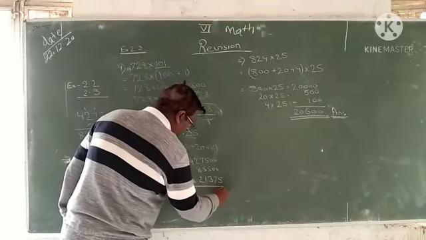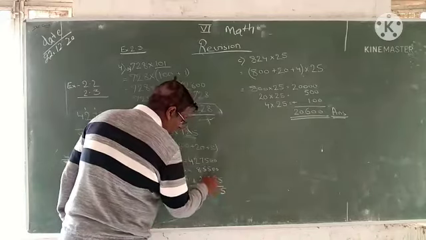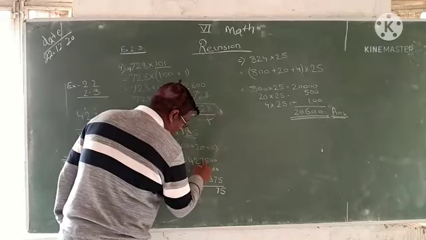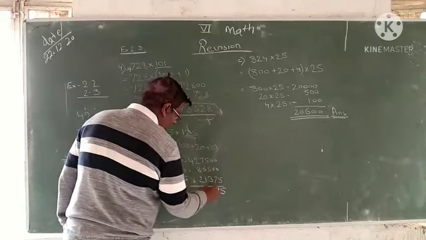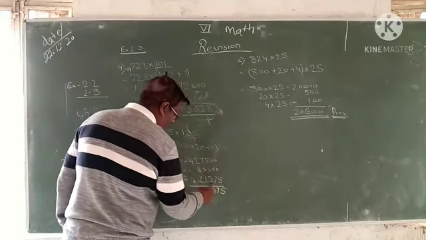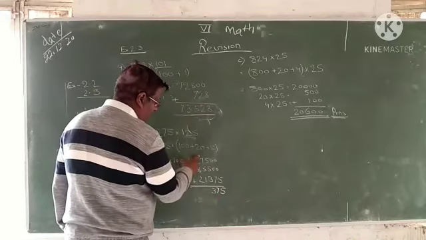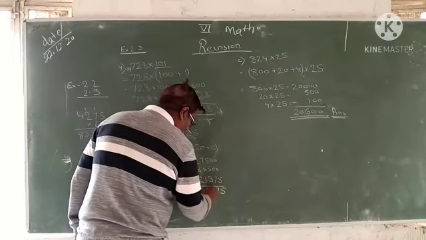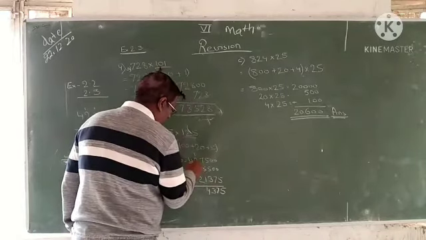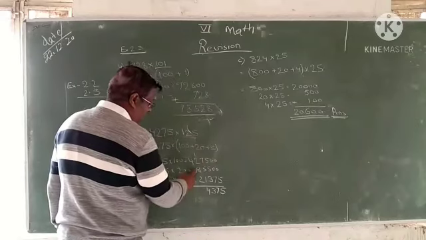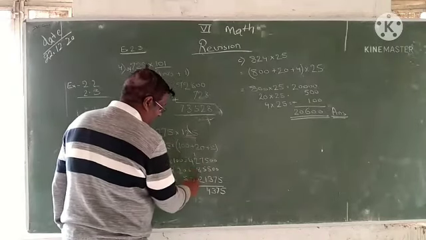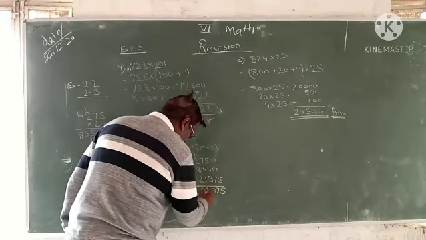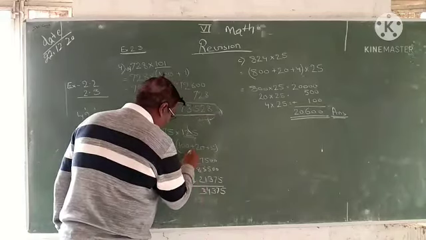So it comes as 5, 7, 5 and 5, 10 plus 3, 13, carry 1, 7 and 1, 8, 8 and 5, 13 and 1, 14, 4, carry 1, 2 and 1 is 3, 3 plus 8 is 11, 11 plus 2 is 13. So we put 3 over here, 4 and 1 is 5.